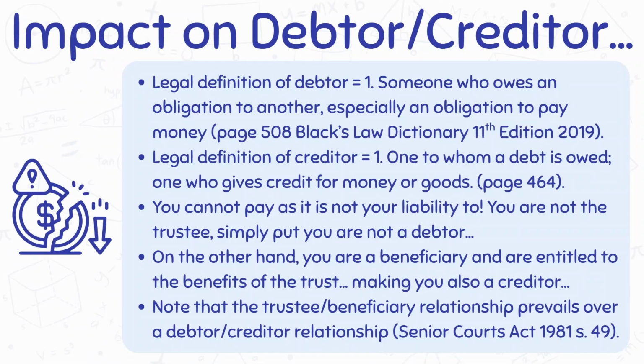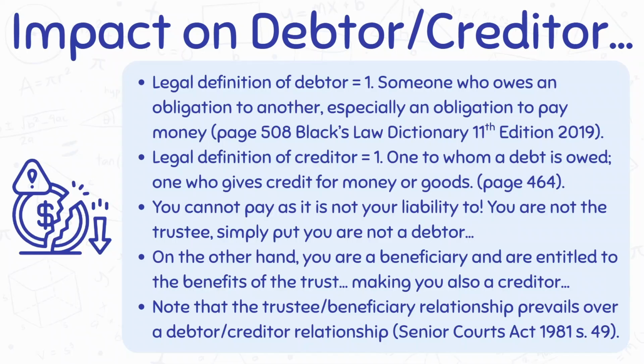Now we move on to the impact that this information has on the debtor-creditor relationship. So the legal definition of debtor is someone who owes an obligation to another, especially an obligation to pay money. Then, on the flip side, you have the legal definition of creditor, which is one to whom a debt is owed, one who gives credit for money or goods. So as you know by now, it is actually impossible for you to pay, as it is not your liability to.